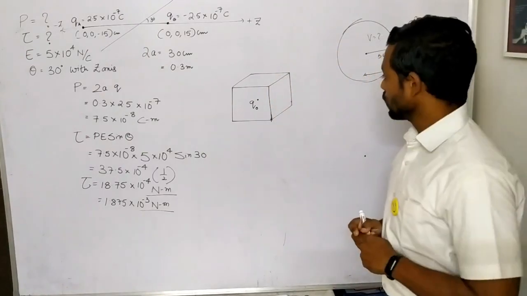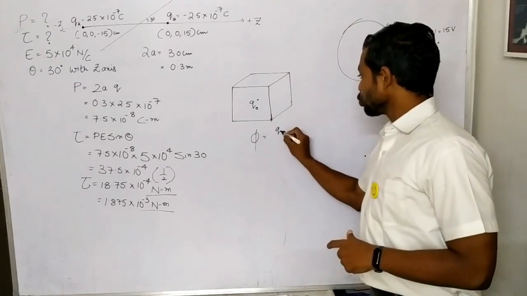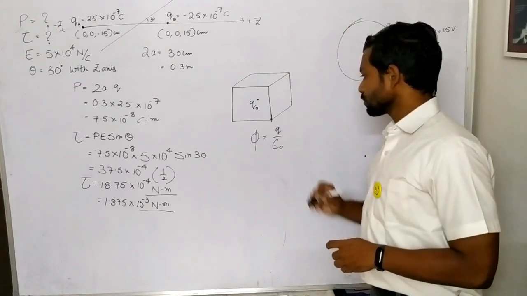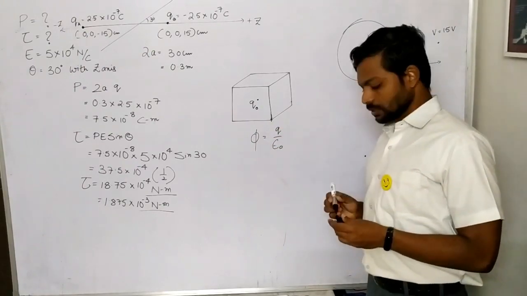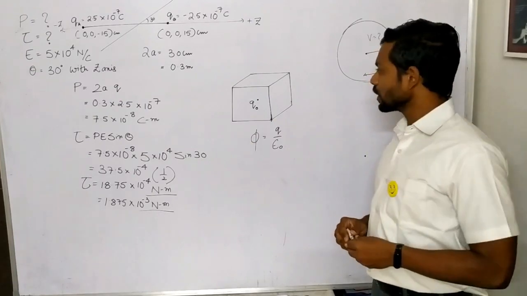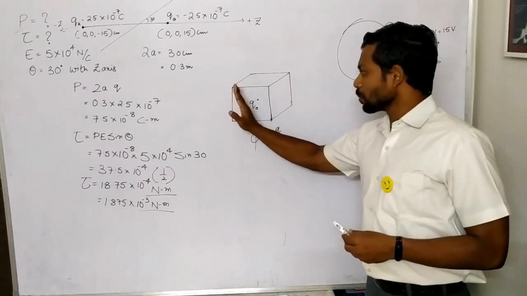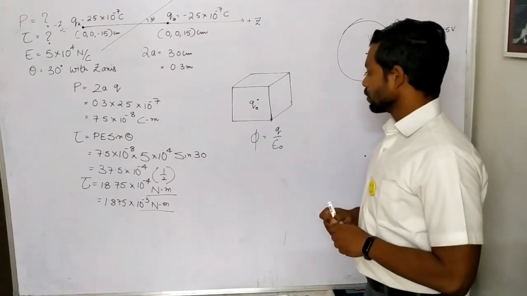So we know the total flux coming out is Q by epsilon naught, right? This is the total electric flux emanating out of this cube. But we have to find out what is the flux passing through two opposite faces of this cube.